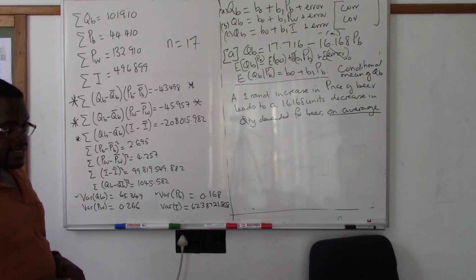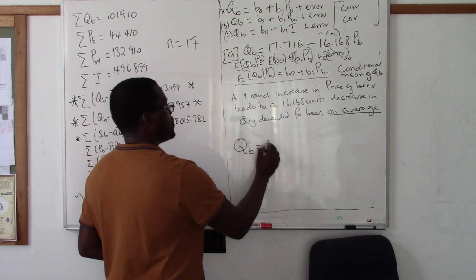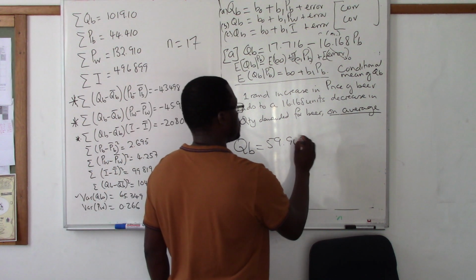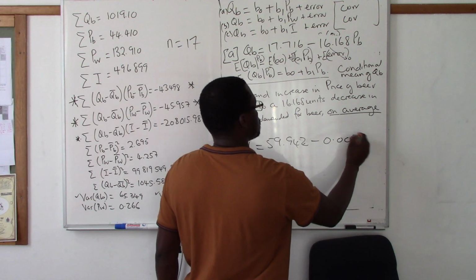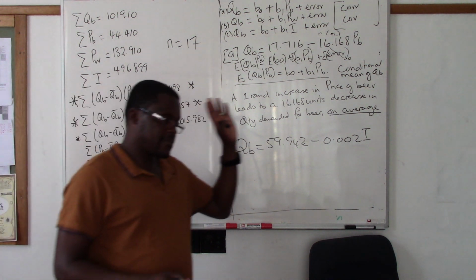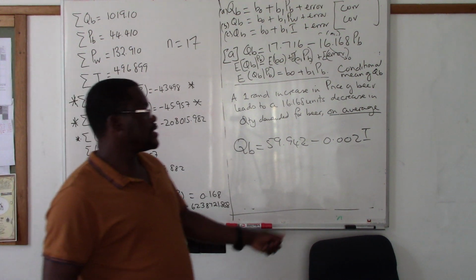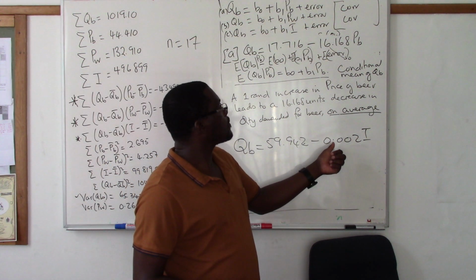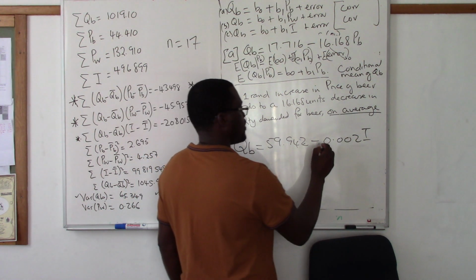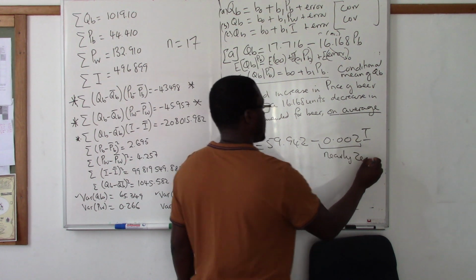Now, if we look at the demand for beer, which we modeled using 59.942 minus 0.002 income, it means that if income increases by 1 rand, demand for beer would decrease by 0.002 units.